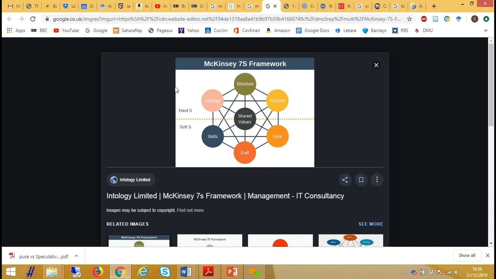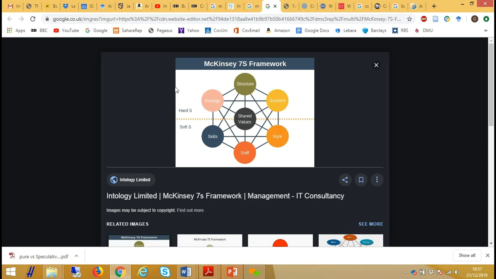So your structure must support your strategy, your internal systems must support your strategy and your structure, your shared values, that's your ethical guidelines and core values, must support the skills within your organization, must support your staff, your employees, and your style. Style means basically organizational culture. So when all of these are moving in the same direction, you have a higher chance of succeeding with your strategy or with your change.